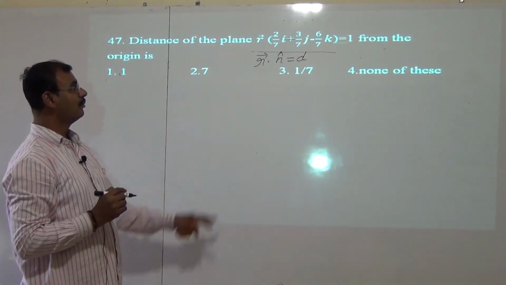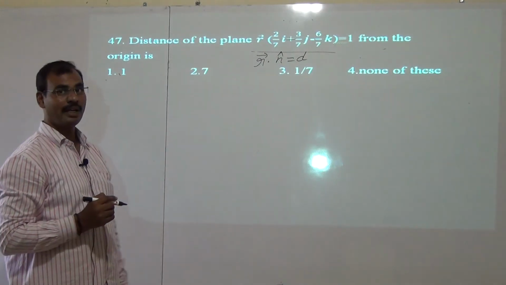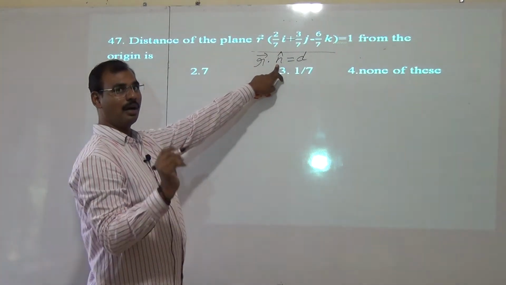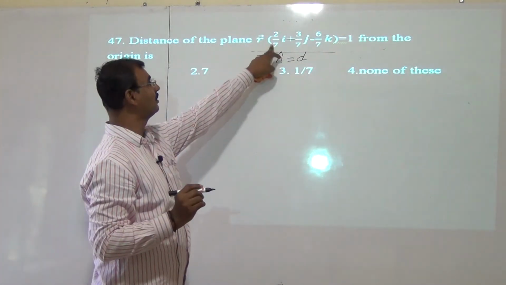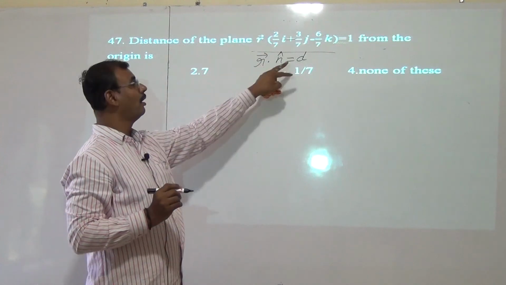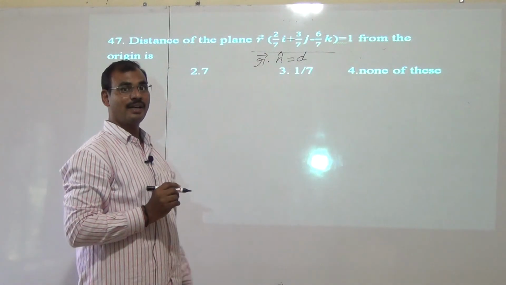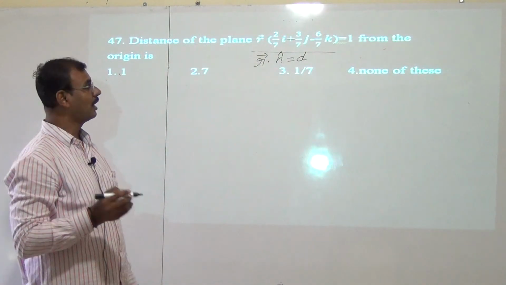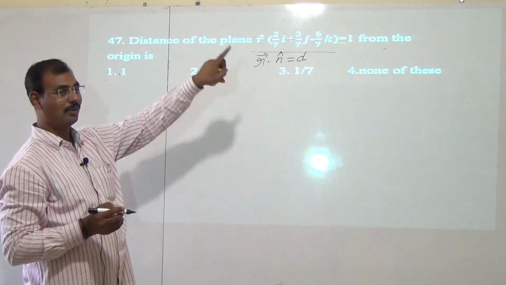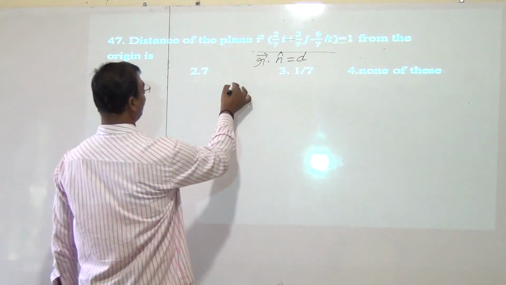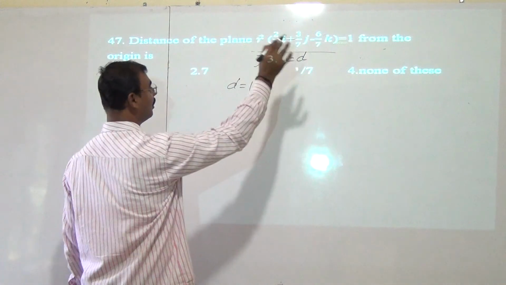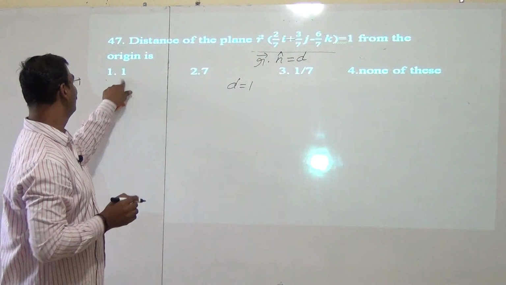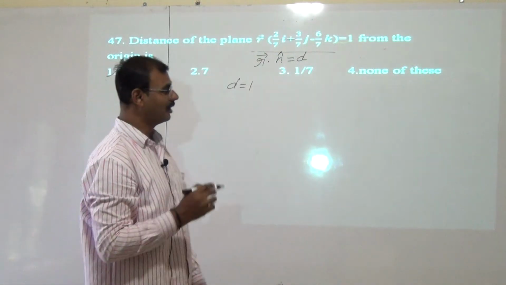In Cartesian form, lx plus my plus nz is equal to d. What is the n cap? Normal unit vector. What is the d? Perpendicular distance from the origin to the plane. So what is the answer? D is equal to what? 1. Already it is in the standard form. Remember, very easy this is. Answer is the first option. Got it? That is the first option only.